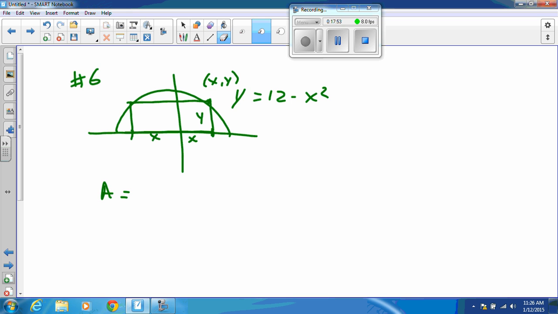So we want to think of it as, here's my form, area equals length times width. And now I look and I say, what is my length? It is 2x. What is my width? It is y. Okay. Now I look and I do a variable count. I've got 2 variables, so I need to do some substituting. Do I know anything about y in terms of x?